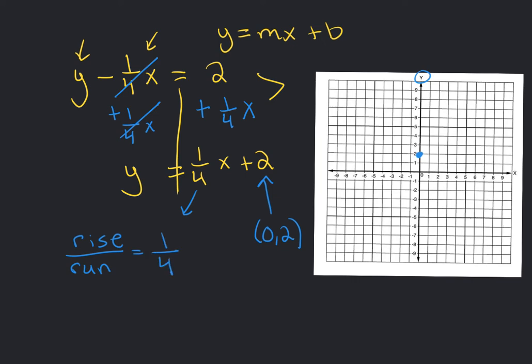So that means I'm going to go up 1 and right 4. And that is from my y-intercept. Up 1, right 1, 2, 3, 4. Put a dot. Up 1, 1, 2, 3, 4. And we can go the opposite direction. We would go down 1, but then left 4. 1, 2, 3, 4.